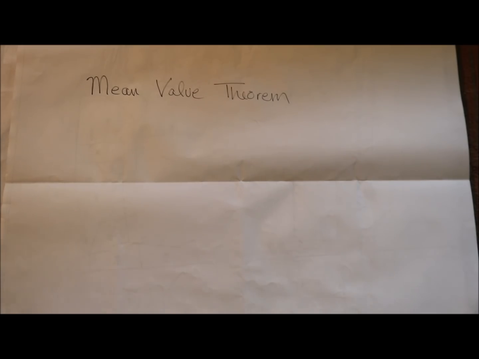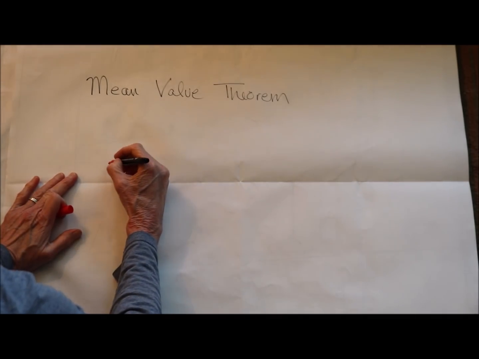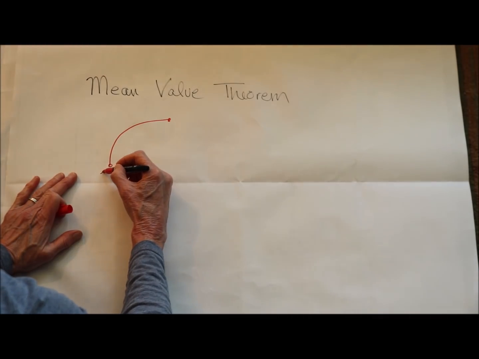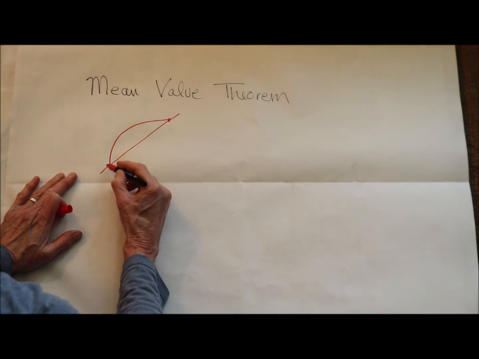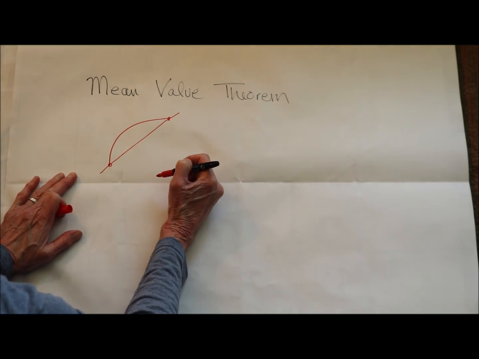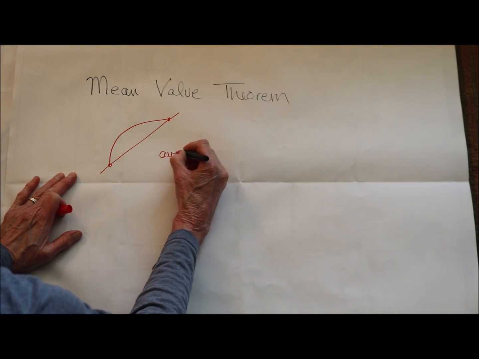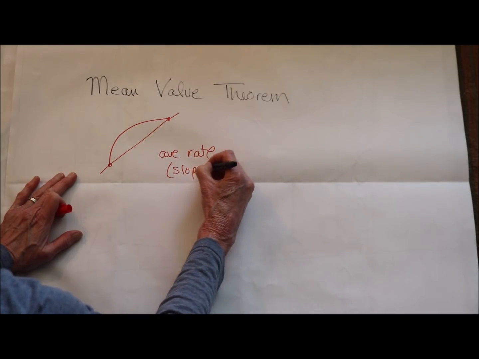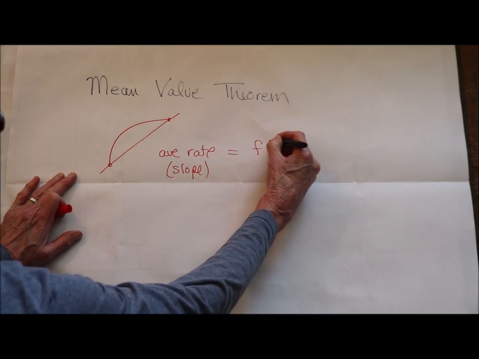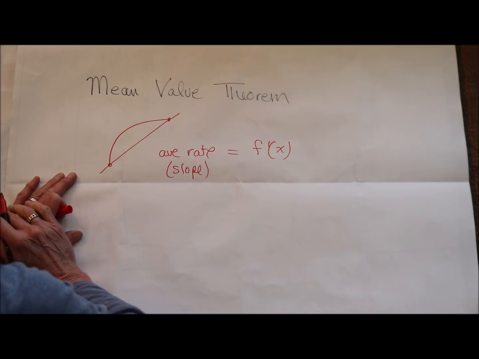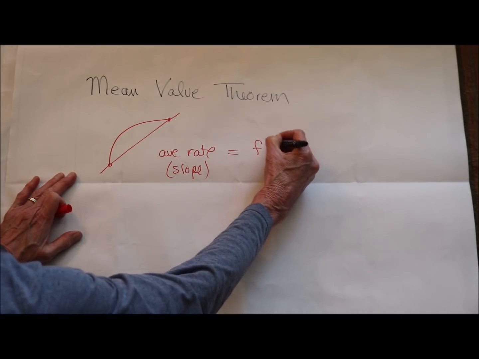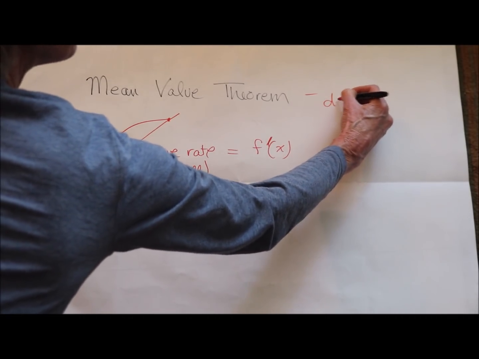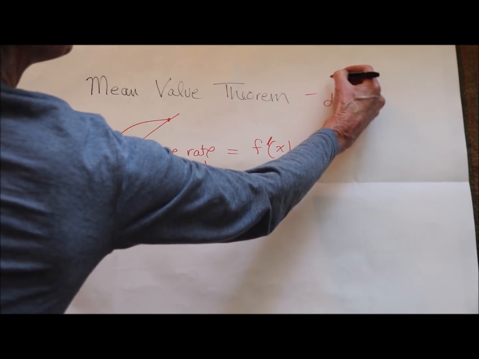Mean value theorem, remember, is where your average rate, and remember average rate is just slope, change of y over the change of x, so your average rate, or your slope, must equal the derivative at least one point. Remember, for the mean value theorem, you have to state the precondition, which is the function must be differentiable.